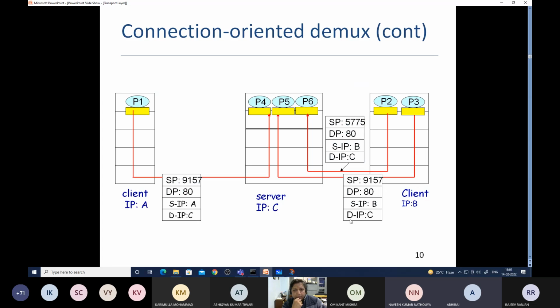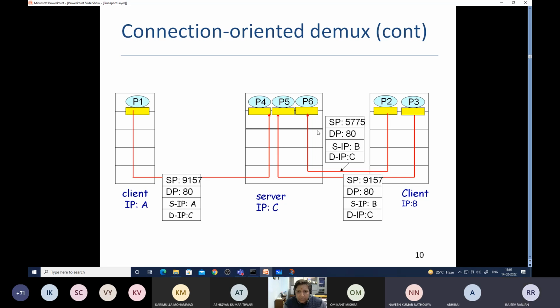So let's move ahead. The thing which I have described, see there are 3 connections. And when we have connection-oriented demultiplexing, we always talk in terms of connections. You can see there are 3 connections: P1 to P4, P5 to P3, and P6 to P2.